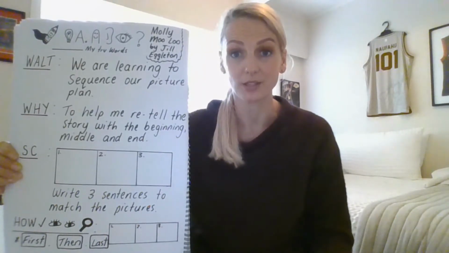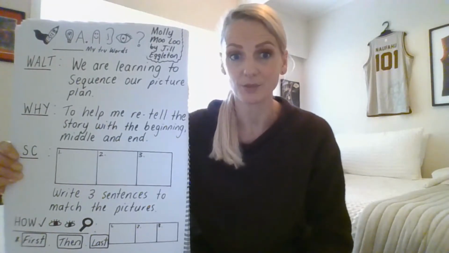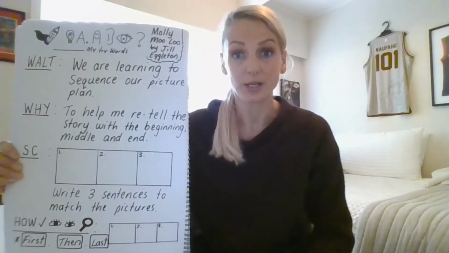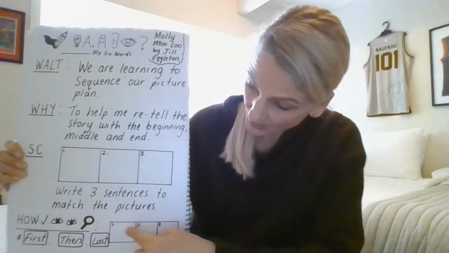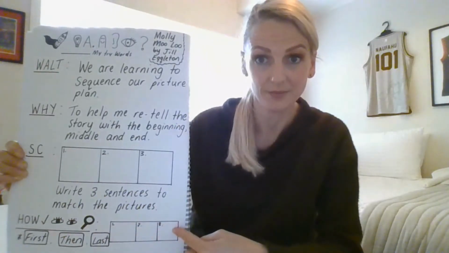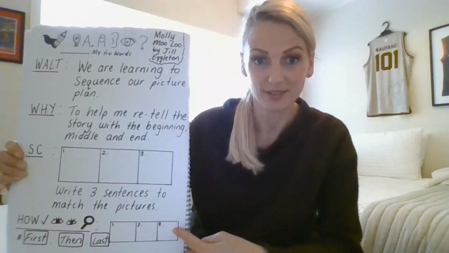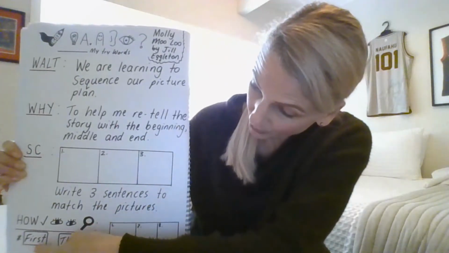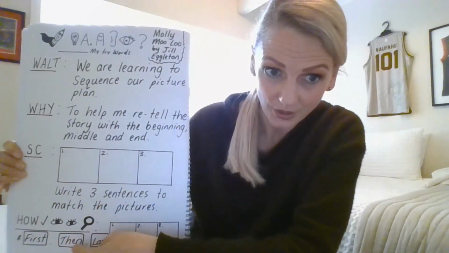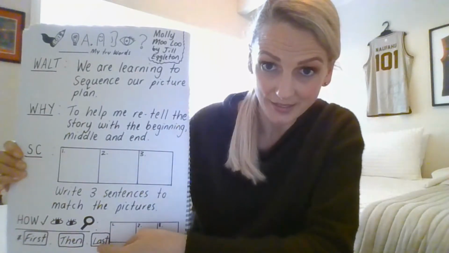And then you need to be able to look at your writing and look at your picture plan, and you need to be able to tell if you've been successful. So the things that you are going to be able to see in your work today, you will see a grid with numbers 1, 2, and 3 with your pictures in them. And you will also see these 3 words: first, then, last.